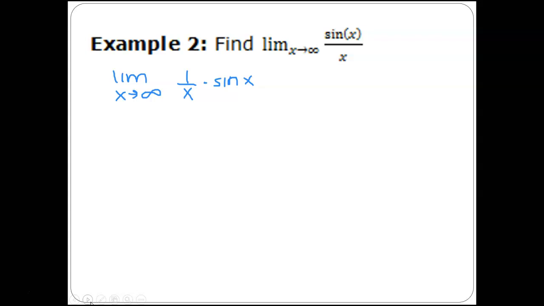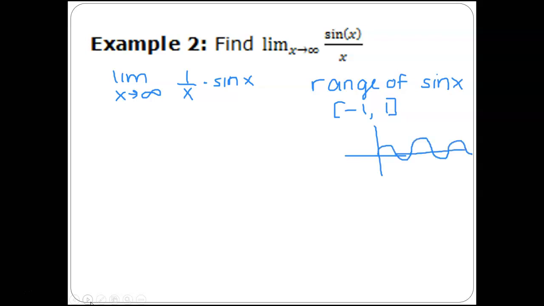What we can do, though, is think about the range of sine as going from -1 to 1. So in a normal sine of x graph, the range is -1 to 1, and it looks like the continuous repeated curve in both directions like this.